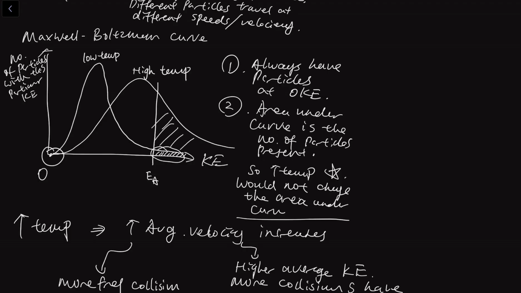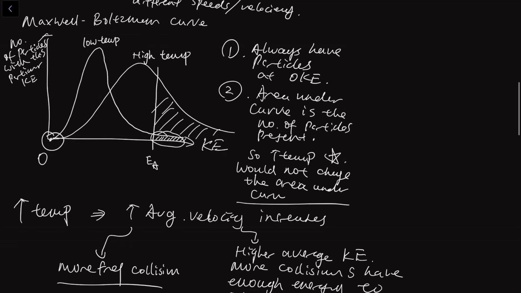But for a high temperature, we have a lot of collisions with enough energy to overcome the activation energy barrier. As a result, the reaction rate is higher. Keep in mind that the area under the curve represents the number of collisions or particles with enough energy to overcome the activation energy. So the area under the curve is significant for this Maxwell-Boltzmann distribution.